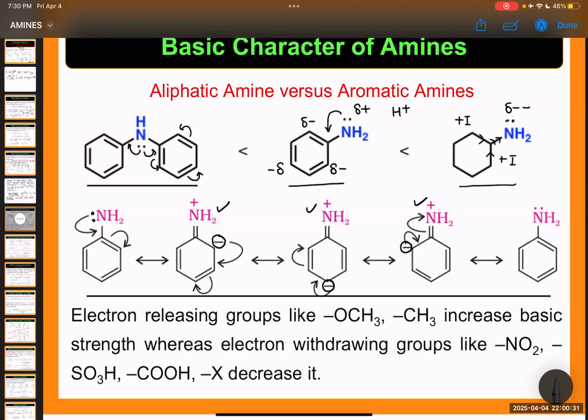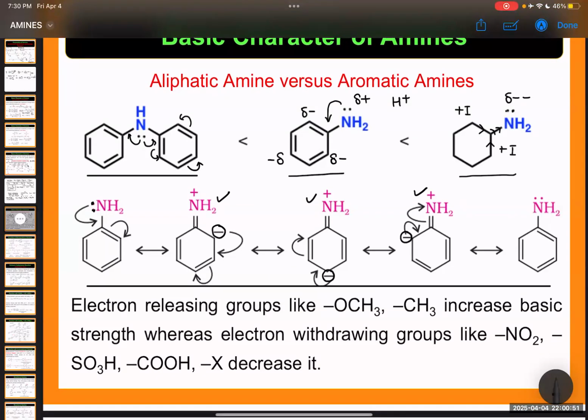There are 3 ortho and para positions in one ring, 3 ortho and para positions in another ring, and there is nitrogen also, the original position where the lone pair started. For a total of 7 places it got distributed. So such electron density will be very less available for the incoming H plus. So it is going to be least basic.